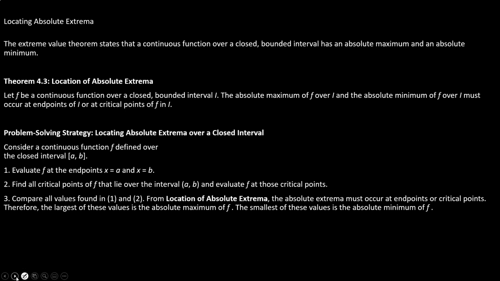So we're going to make pretty much a table of values, and we're going to compare the function value at the left endpoint, the function value at the right endpoint, as well as the function value at any of the critical points inside of that interval. The largest value out of all of those is considered our absolute max, and the smallest value would be considered our absolute minimum.